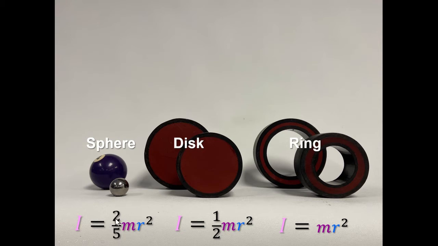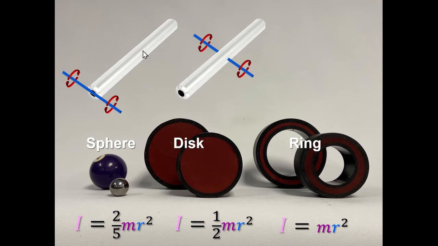This was the equation to calculate how much rotational inertia a sphere has, a disk has, and a ring, but we could take an object like a stick or a pipe, and if we hold it right here at the end and try to rotate it back and forth, we're going to feel inertia. We're going to feel resistance.